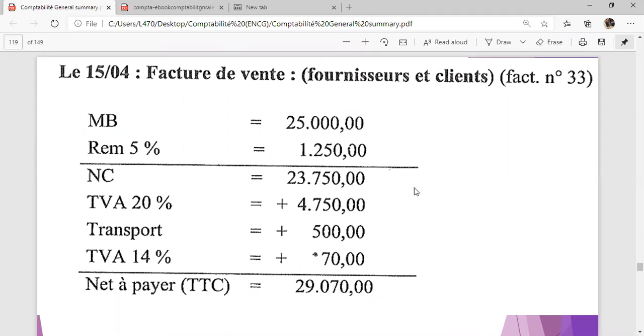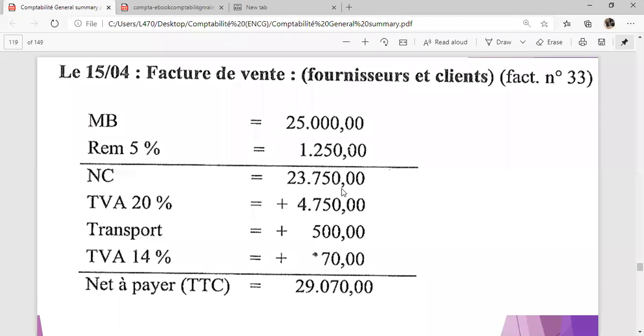For this one where transport is given to you at a rate of 14%, after we have le montant brut, we have deducted toutes les réductions commerciales or financières. So we are standing now at either net commercial or net financier. In this case, it was 22,750 as net commercial.